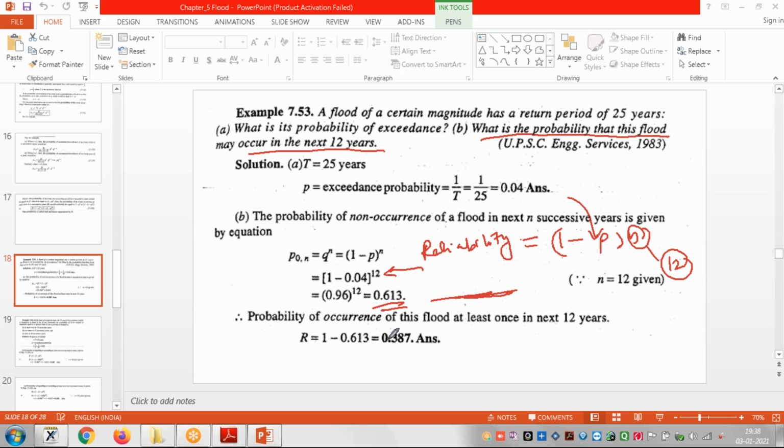And this R, we had seen, is the risk, right? So risk is nothing but 1 minus this P, the one which we have got. So 1 minus 0.613, we will get 0.387. This is the risk.